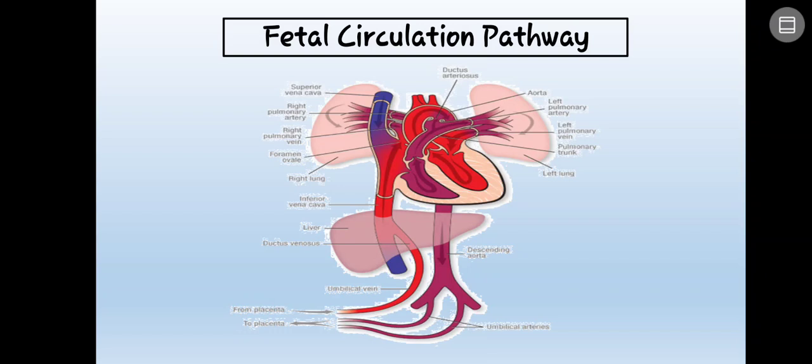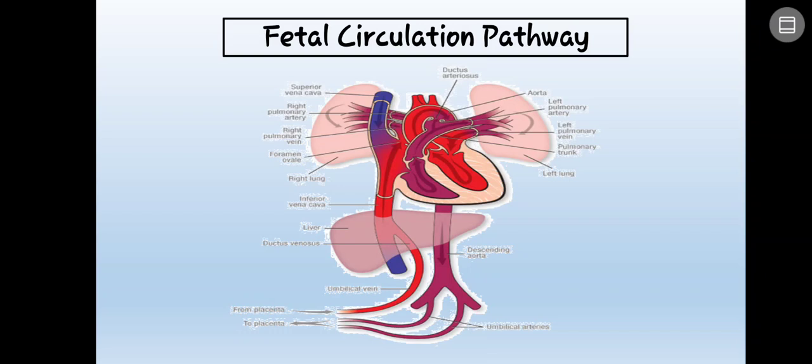It becomes a ligament. The umbilical vein also turns into the ligamentum teres, which is also a ligament that forms part of the liver. The same thing applies to the umbilical arteries. The umbilical arteries also turn into a ligament that forms part of the abdominal wall, what we call the medial umbilical ligament.